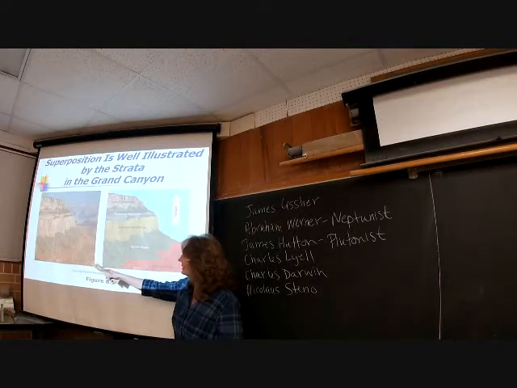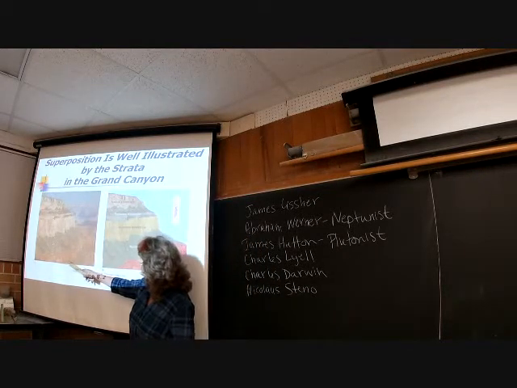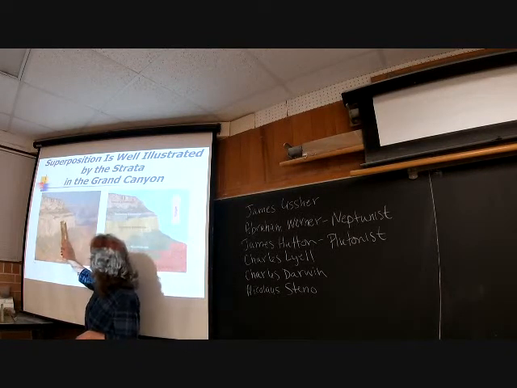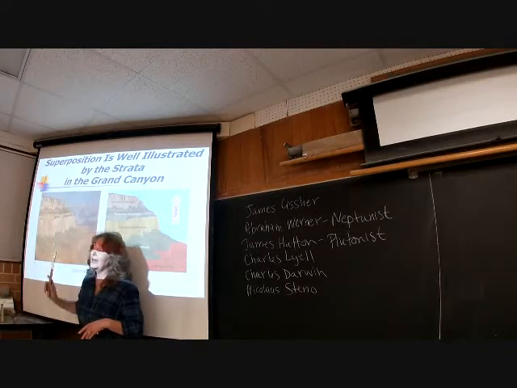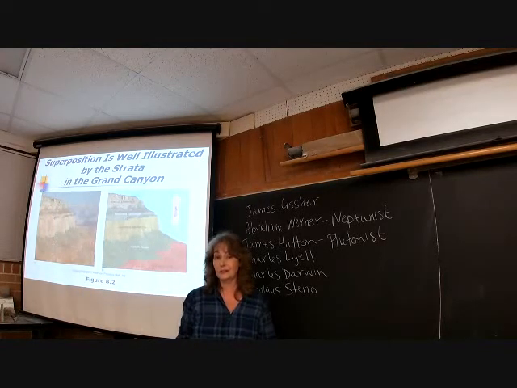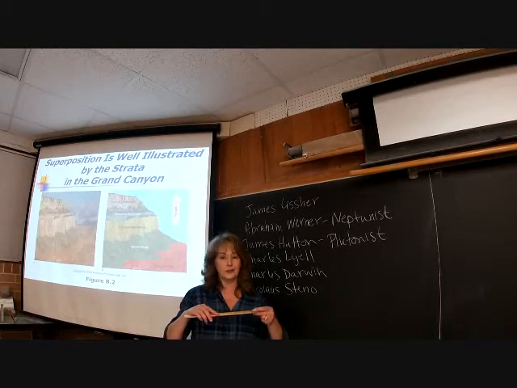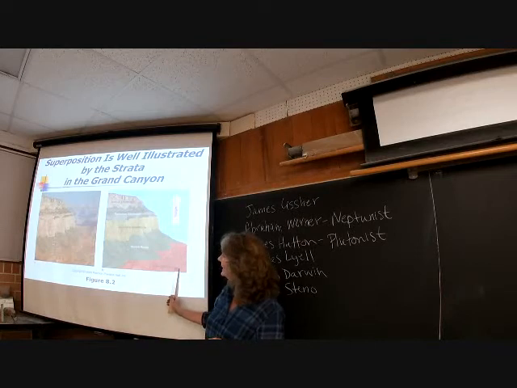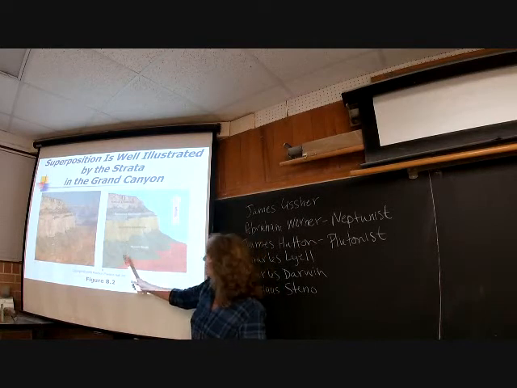Here's a live picture of the Grand Canyon, looking at all the layers in there. Huge layers. We're talking millions of years of geologic history in those rock layers. But with superposition, your oldest event would have been way down here, the Supai Group, the Hermit Shale.